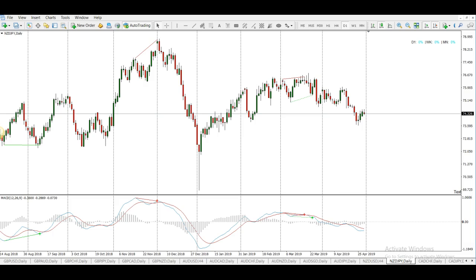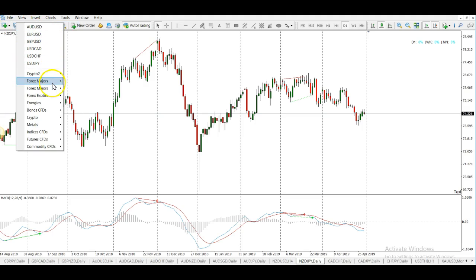okay, Kiwi CAD. It's not even loaded in this platform, so I'll look at file, a chart.